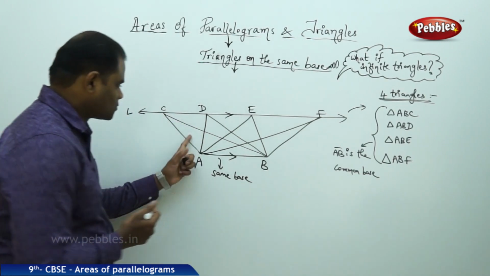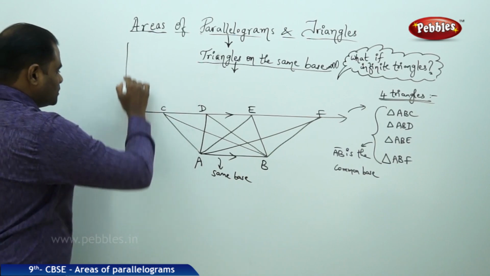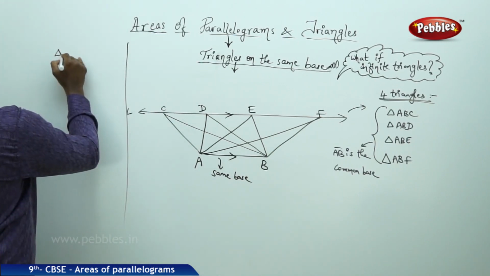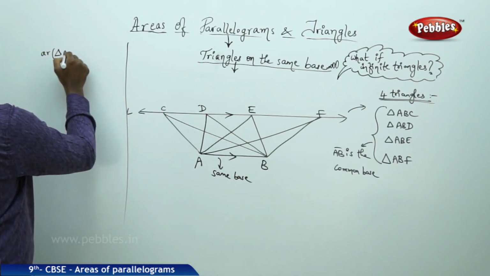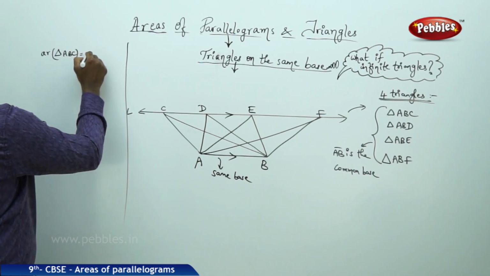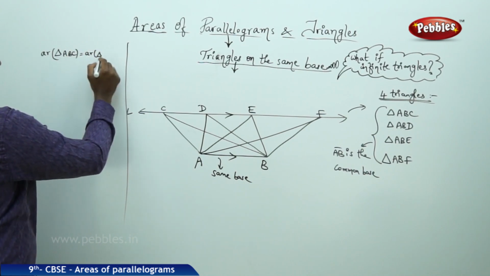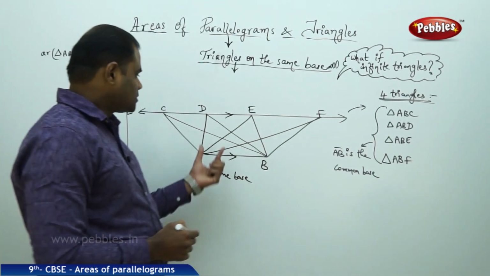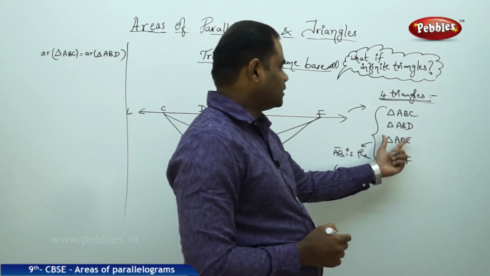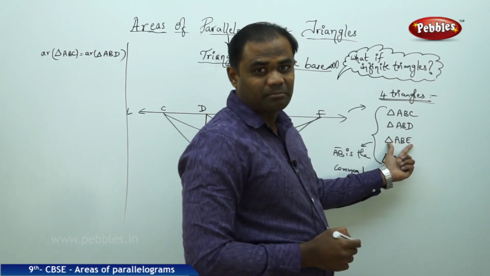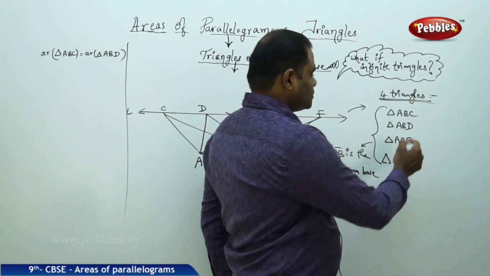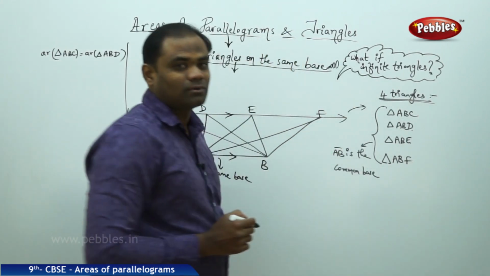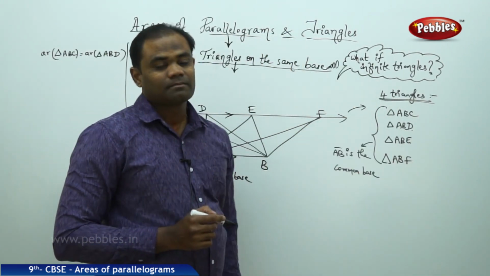So when I take the first 2 triangles, the area of triangle ABC must be equal to the area of triangle ABD. Now when I take the second and the third triangle, these 2 triangles are on the same base and between the same parallels, so the area of this must be equal to the area of this.